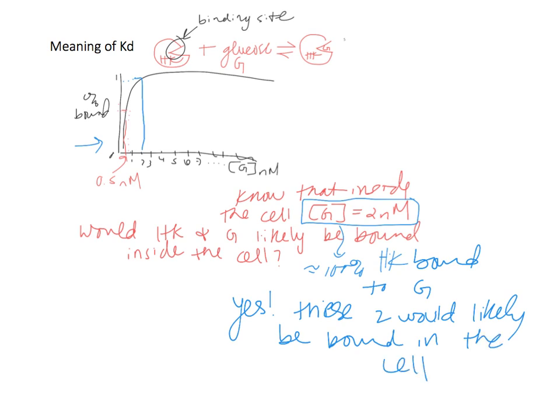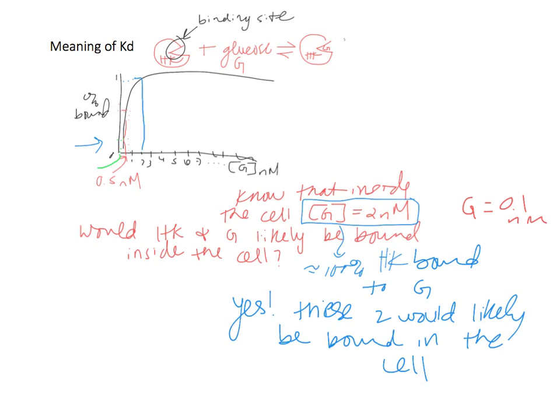By cell, I mean the thing with the lipid bilayer and the nucleus on the inside and the ER and things like that. If it turned out that, let's say, the glucose concentration was 0.1 nanomolar, 0.1 nanomolar is over here, and it looks like that would be, man, this is hard to tell on my hand-drawn graph.